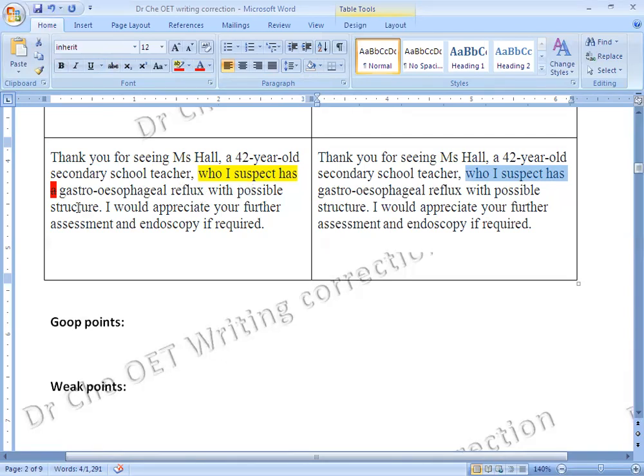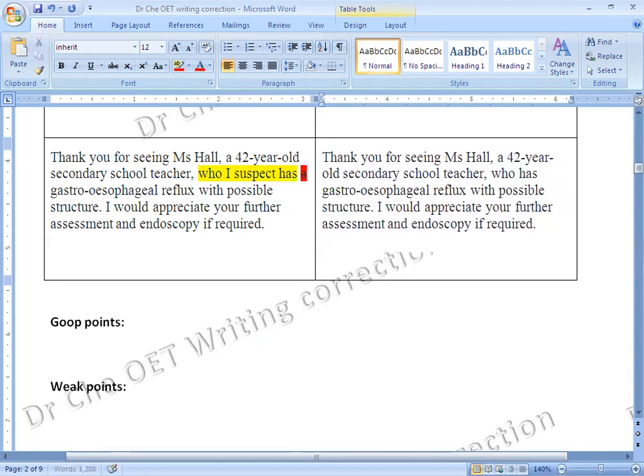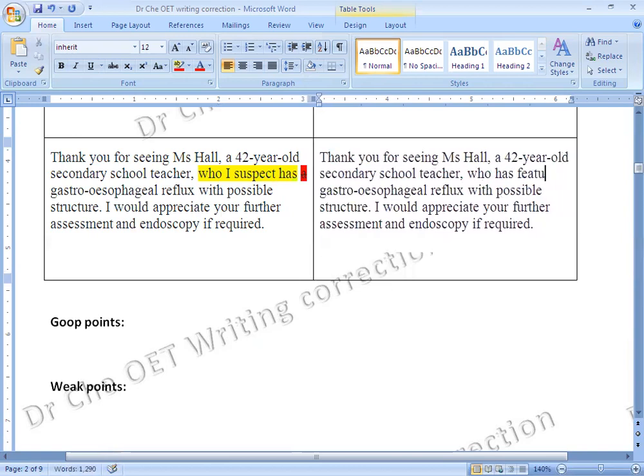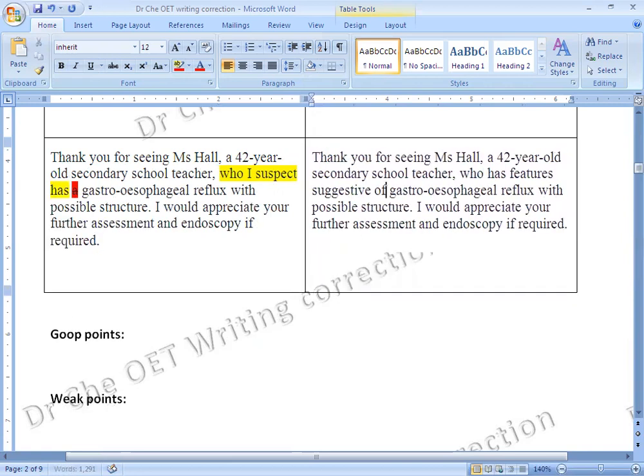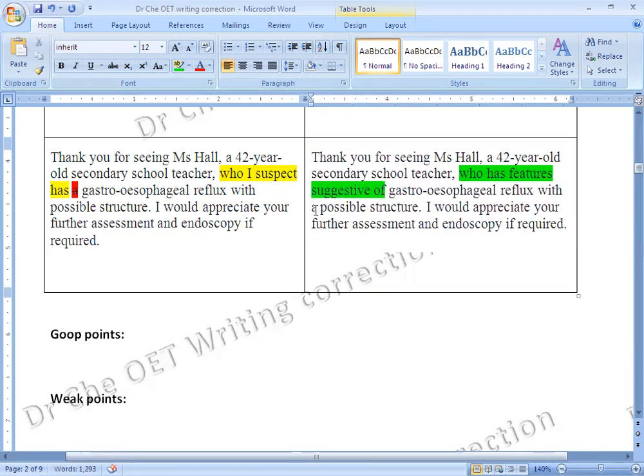Only the stricture is possible. But in the case notes there is a question mark with gastroesophageal reflux. So we should write who has features or signs and symptoms suggestive of gastroesophageal reflux with a possible stricture.